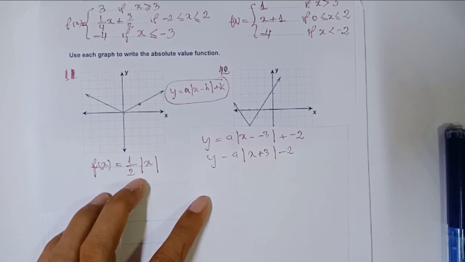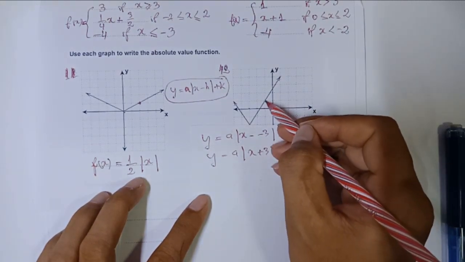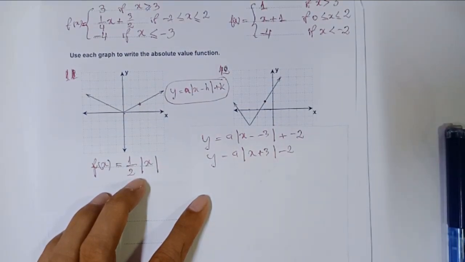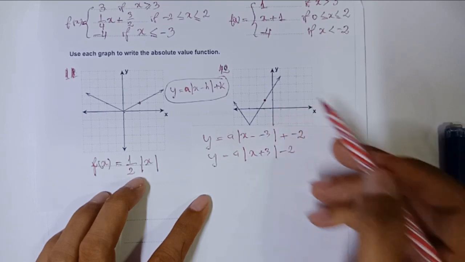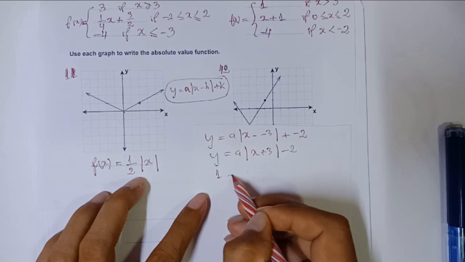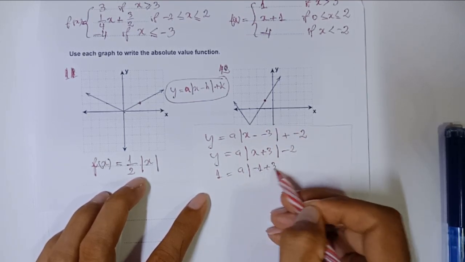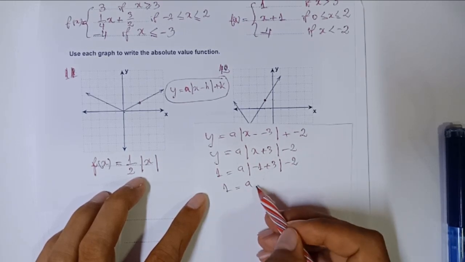on the graph so that you can use substitution to solve for a. So I'm going to use this point right here. The point is x -1, y is 1. So 1 equals a, the absolute value of -1 plus 3, minus 2.